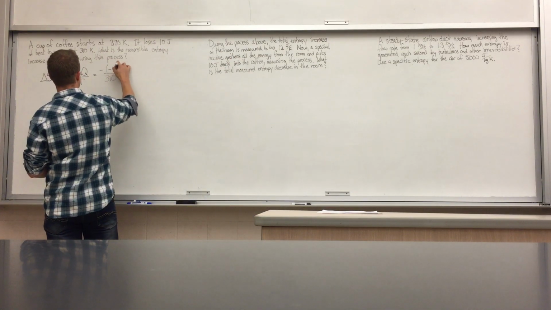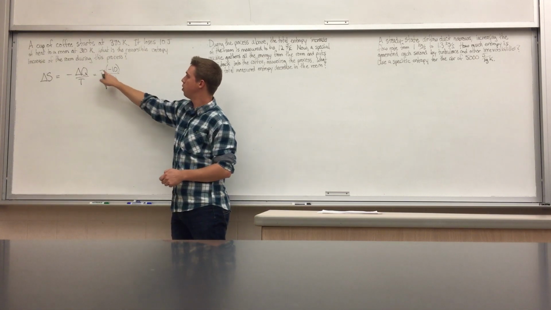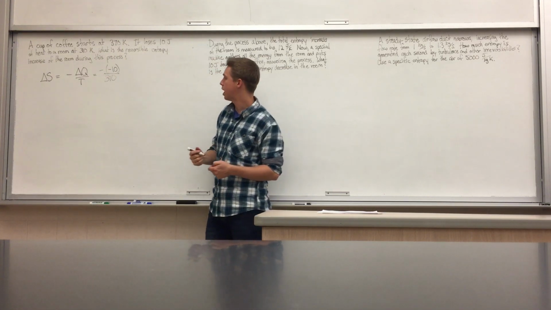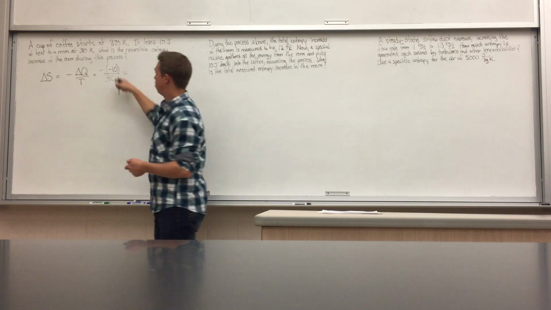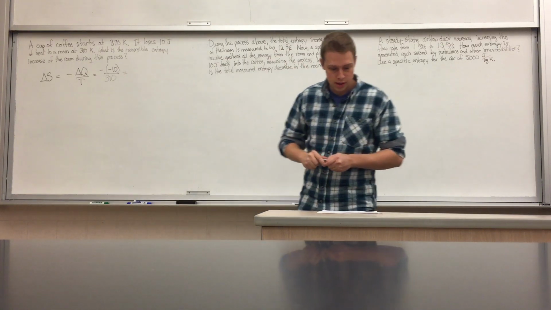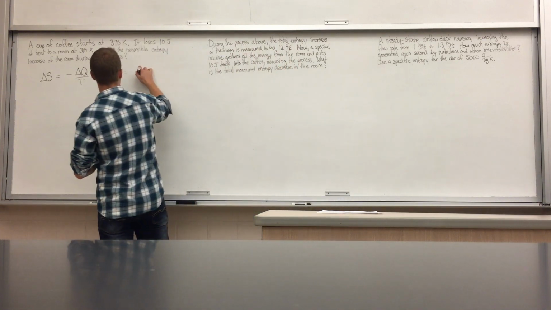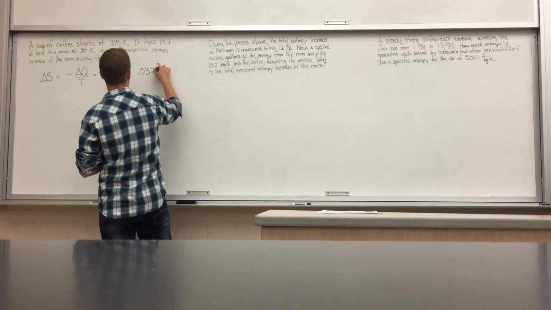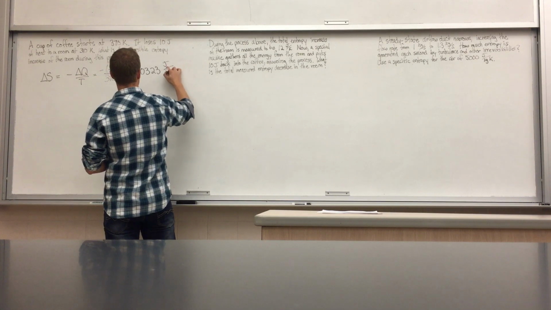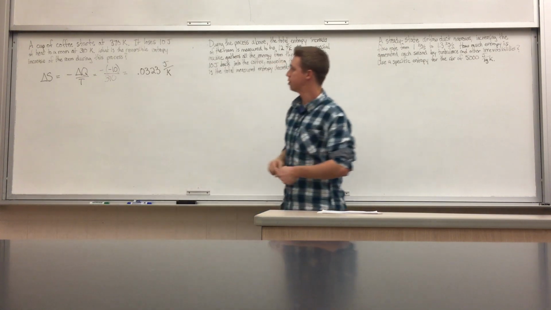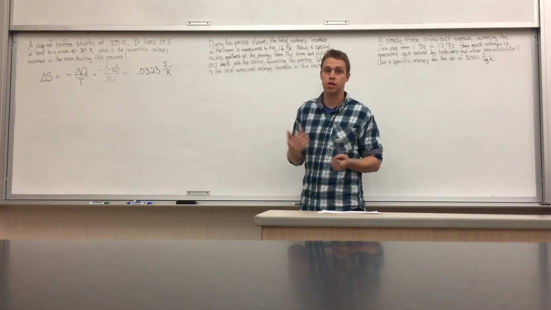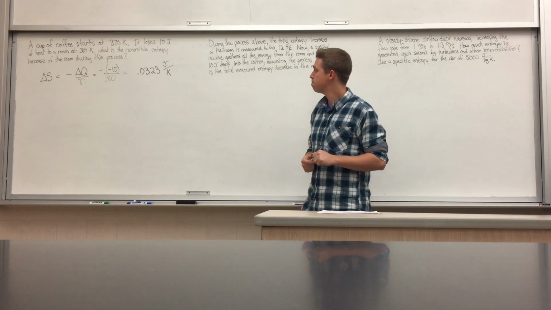So we have the minus sign from the equation, and of course the heat loss of 10. And this comes out to simply be, the minus signs cancel, 10 over 310 is 0.0323 joules per Kelvin. Simple enough, it's just a division problem, really.